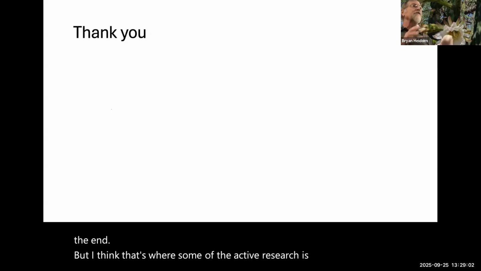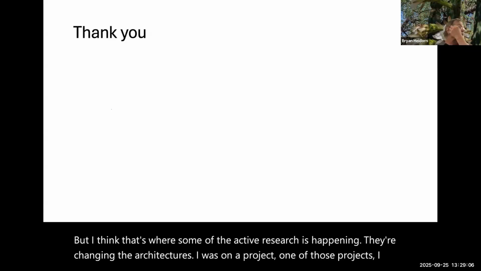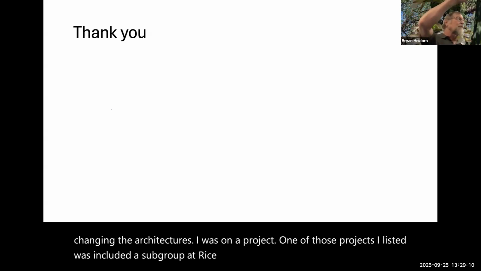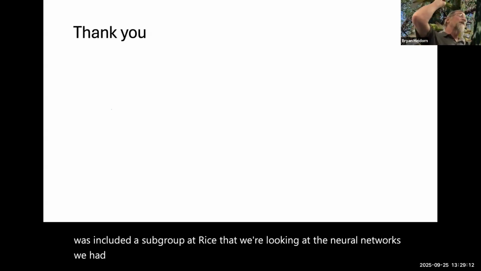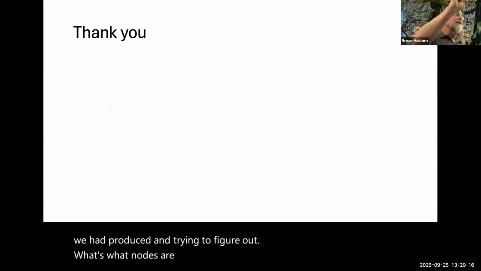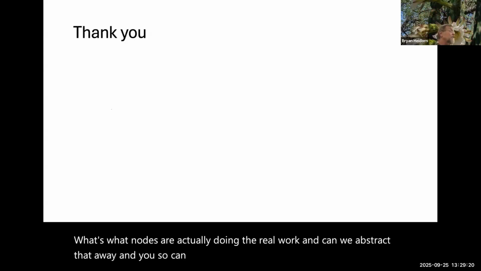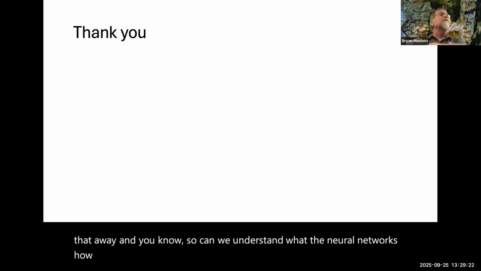They're changing the architectures. I was on a project, one of those projects I listed, that included a subgroup at Rice that was looking at the neural networks we had produced and trying to figure out what nodes are actually doing the real work, and can we abstract that away? Can we understand how the neural network is getting to the conclusion? So there's active work going on in that area.